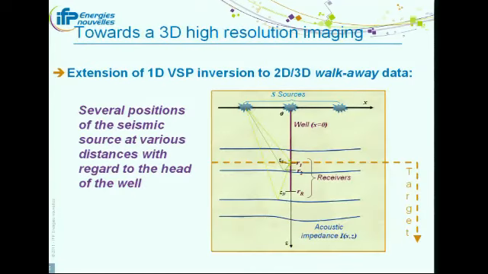So our extension of a 1D VSP inversion relies on the inversion of walkaway data. By walkaway data, I still mean receivers covering some depth range within a well, but now the source will be moved shot after shot at different offsets from the top of the borehole. Doing so, we will enlarge the part of the subsurface that is illuminated, and thus can be imaged.